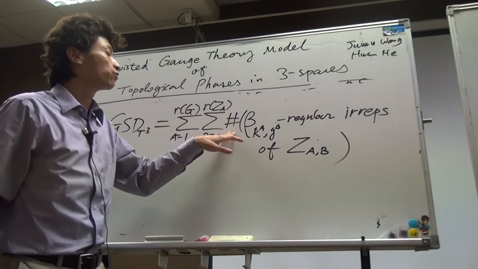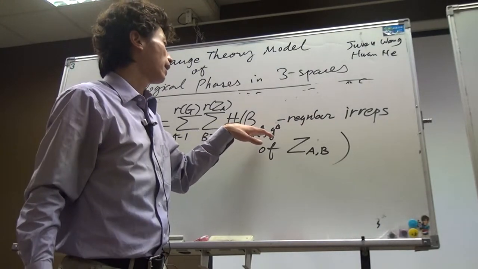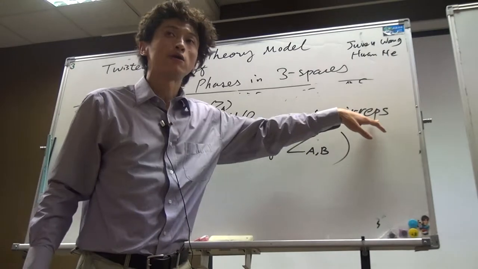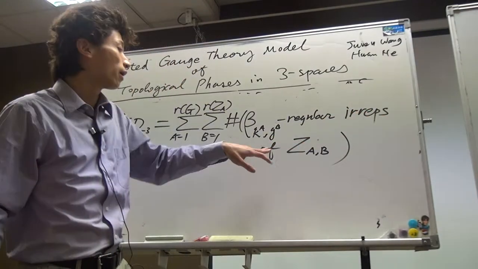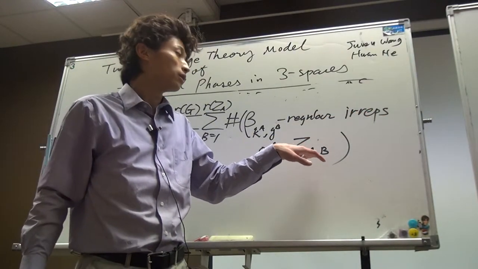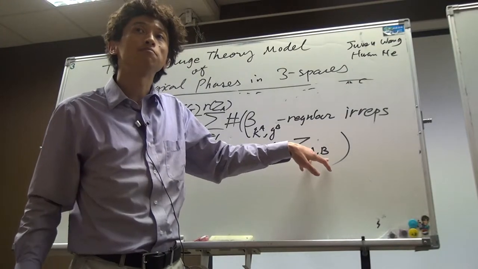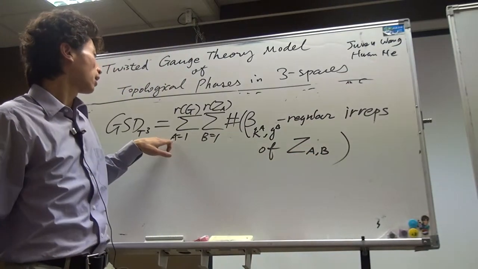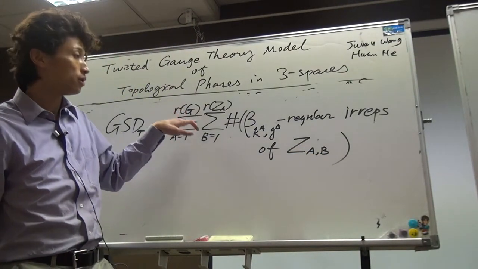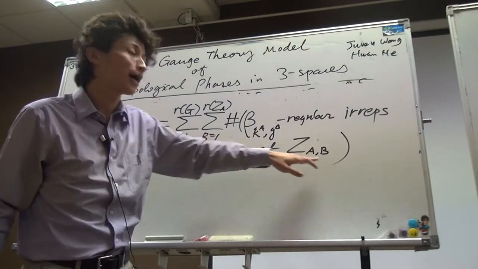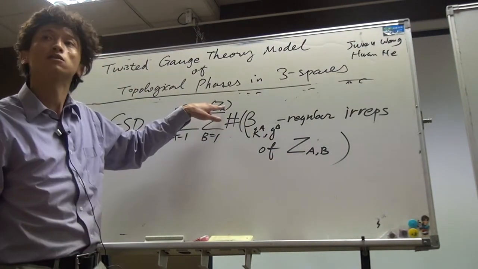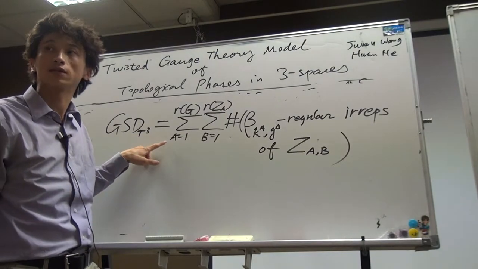It basically sums over all the beta_{K_A G_B}-regular irreducible representations of the centralizer subgroup of the conjugacy classes A and B. A is a conjugacy class in the group G, but B is a conjugacy class of the centralizer subgroup of the conjugacy class A.